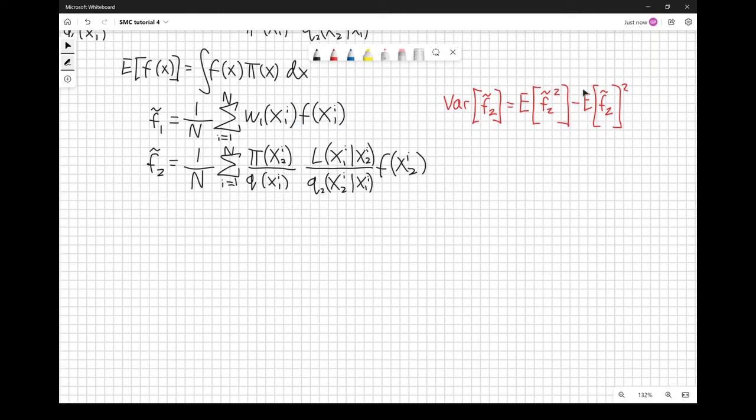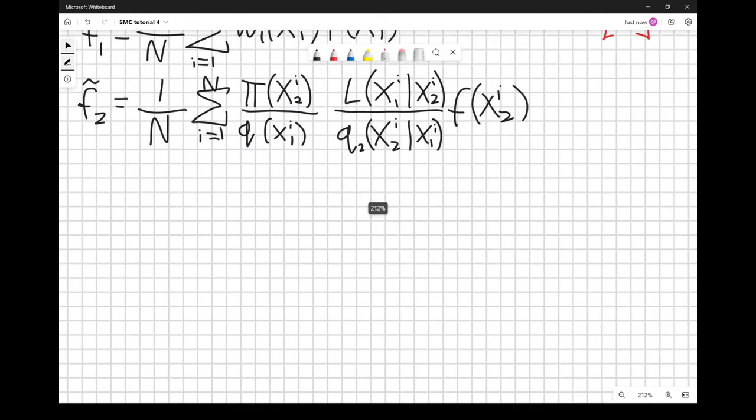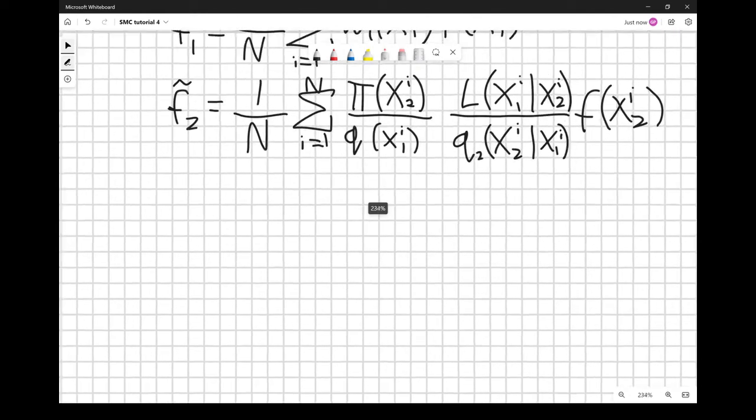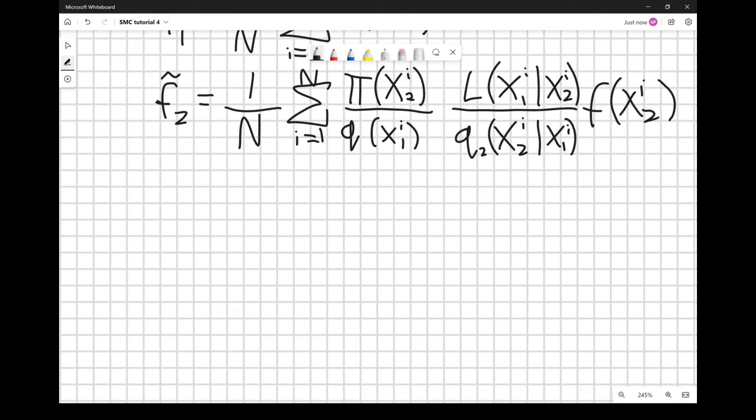So now we're going to write down the expected value of this, given that it's expected with respect to samples from the proposal. We need to be a bit careful with our notation here as we're now integrating over x1 and x2. So we're going to say that the expected value of our estimate is equal to, so first of all we need to note that the 1 over n and the summation come outside of the integral.